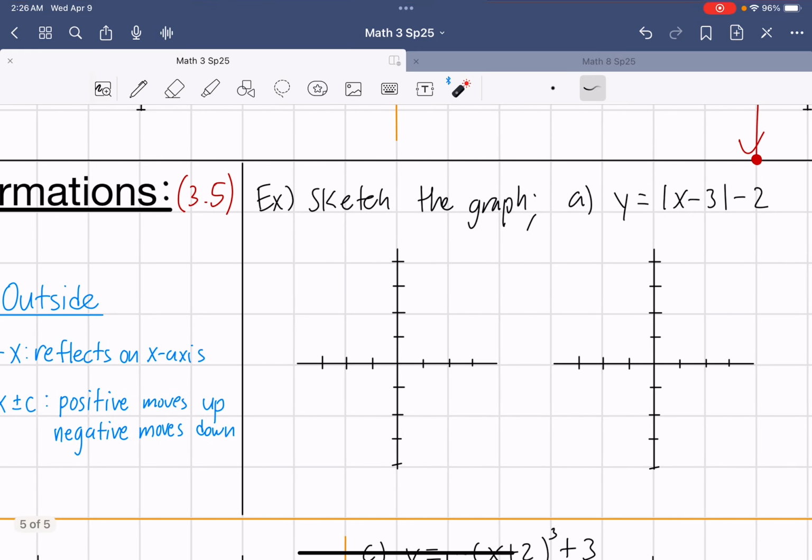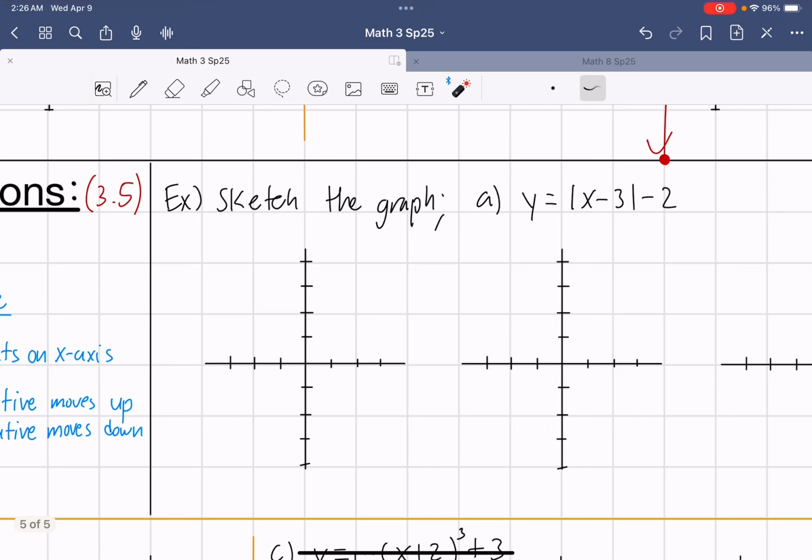So the first example we're going to sketch is this absolute value. But before we sketch it, you have to recognize that this is an absolute value function.